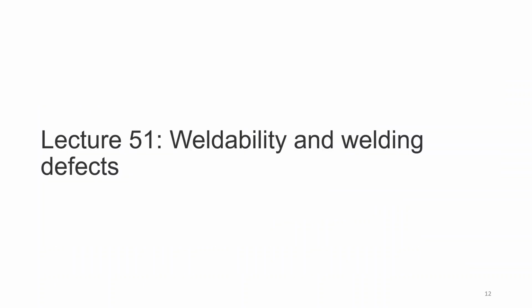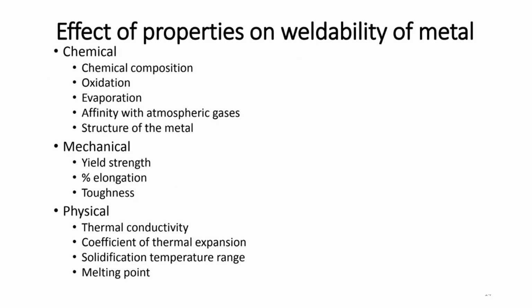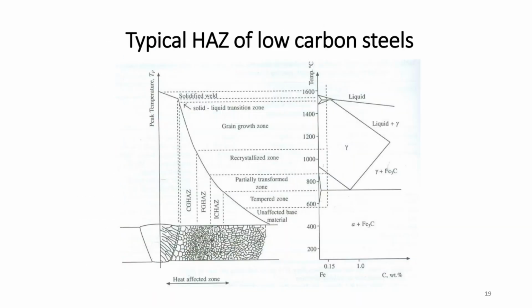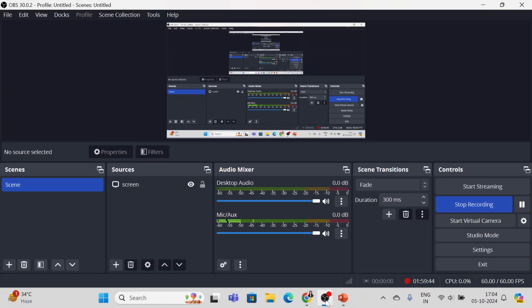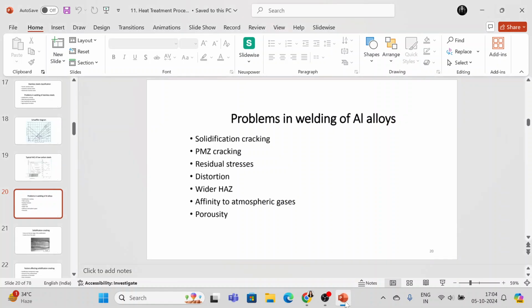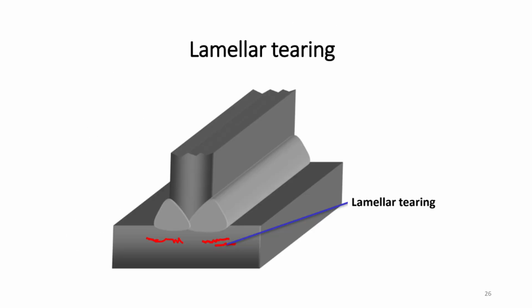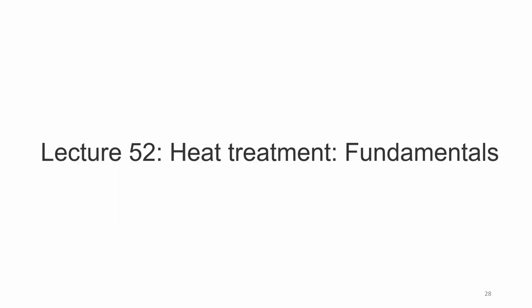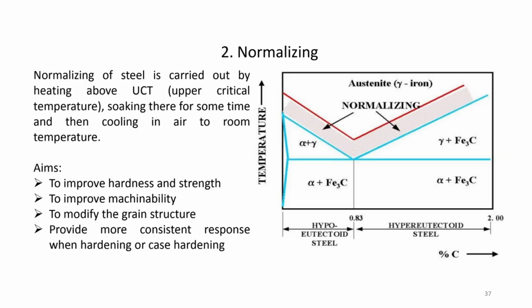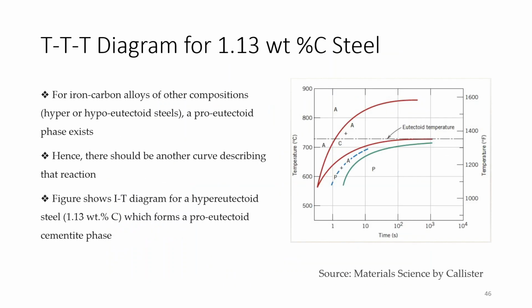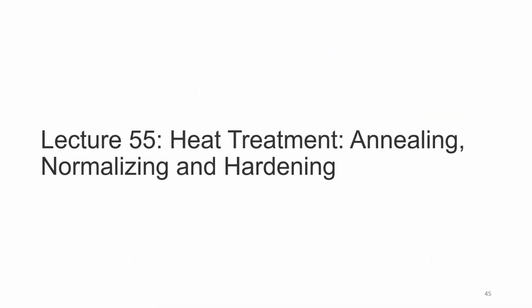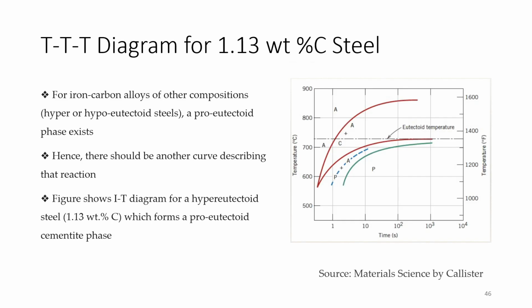Then we went through these lectures. First we talked about weldability and welding defects. Then we went through heat treatment fundamentals, annealing types, then annealing, normalizing and hardening.